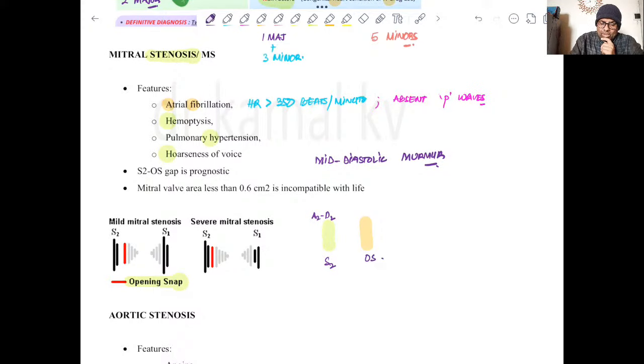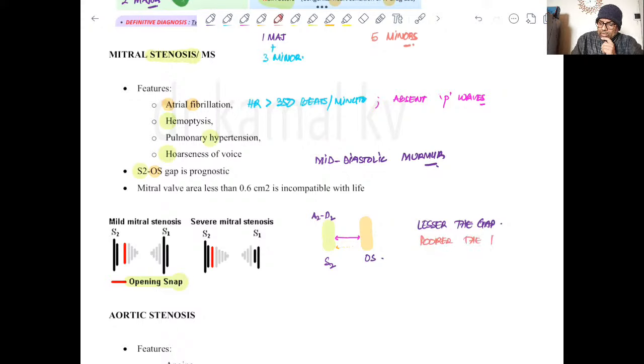This is opening snap. Now this gap is prognostic, because as this gap keeps on narrowing, it indicates severity of the lesion and the prognosis becomes more and more bad, right? So this is what I have written. S2 opening snap gap is prognostic, means lesser the gap, poor the prognosis. Clear?